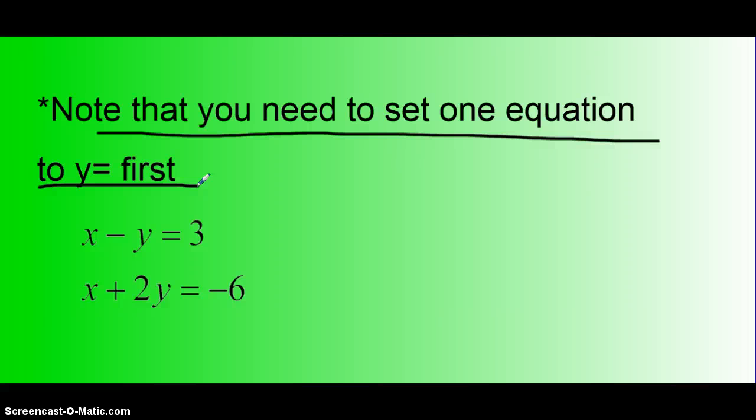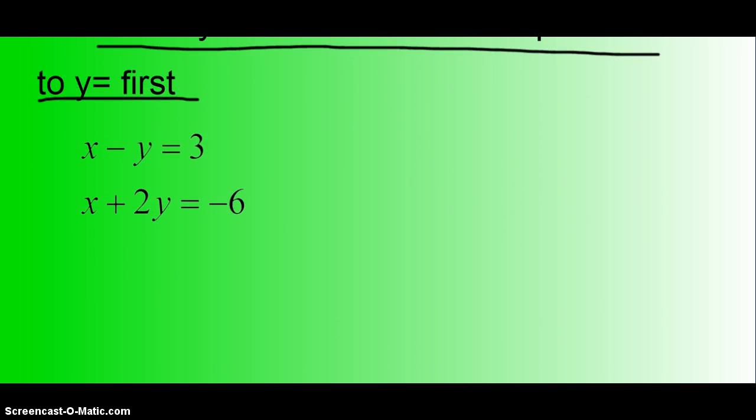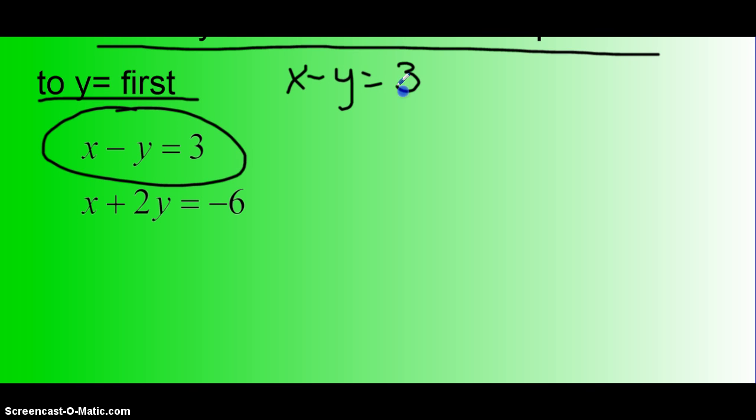So I am going to take a look at both equations and decide which one is better suited to get it to a y equals. Well, it looks like this one is probably easiest. It has the least amount of numbers attached. It doesn't have any numbers attached to the variable. So as we've got this, if I have x minus y equals 3, when I move x to the other side, that's going to give me a negative x.